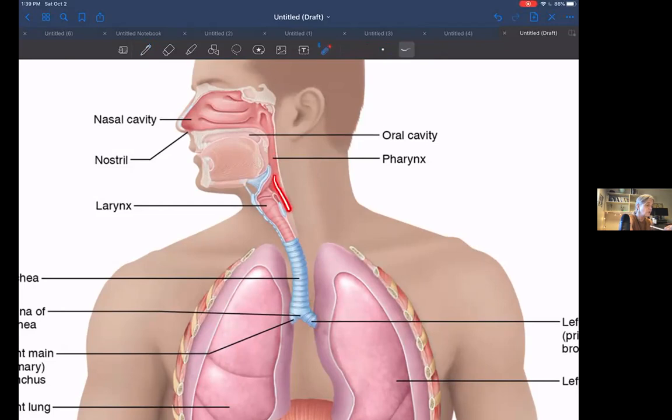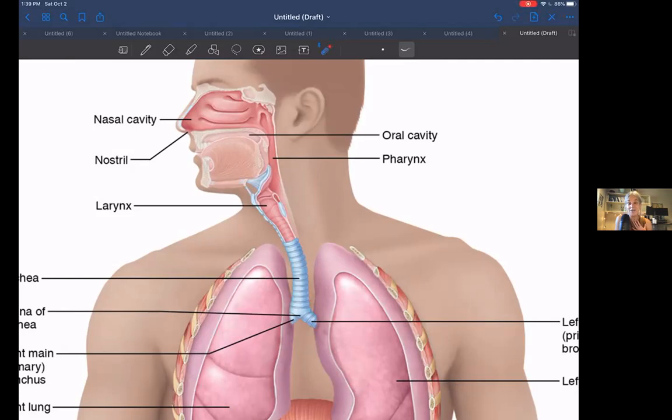Food, when we swallow it, we want it to go down the esophagus and into our stomach. When we breathe, we want our air to go into our trachea. There's a little mechanical valve here that is called the epiglottis. When we swallow food and liquid, the epiglottis closes off the airway.